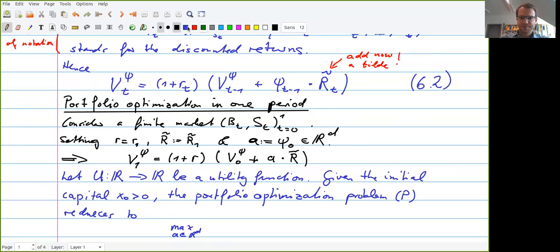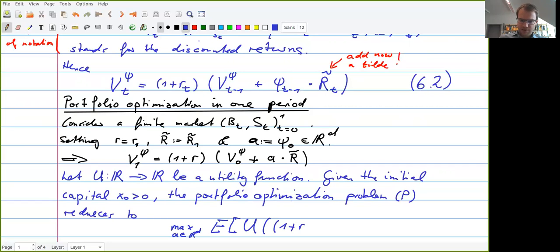And now we want to maximize the expected utility of our terminal wealth.